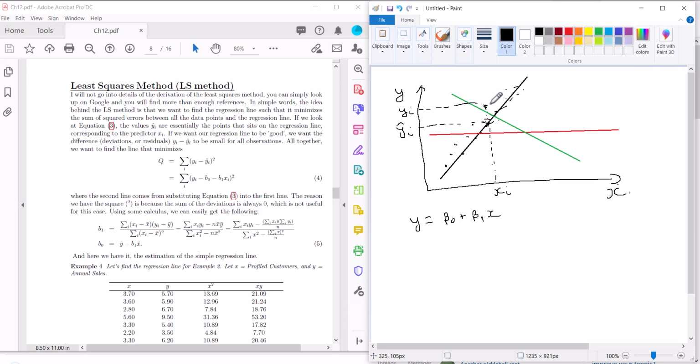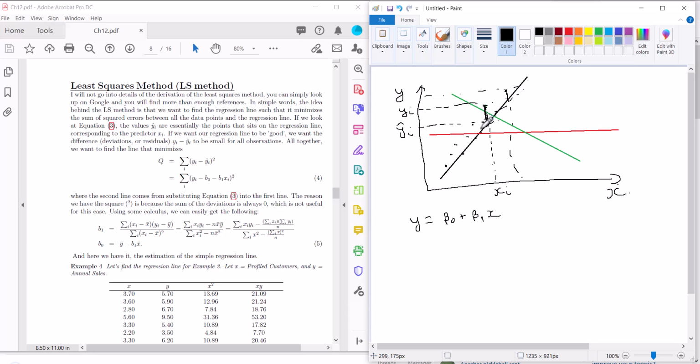So if you do this for all data points, all the data points, then you can determine the amount of error that is made for each data point if you follow this model, this line I drew here. So the least squares method is going to find the line where you have the least amount of error made, right?